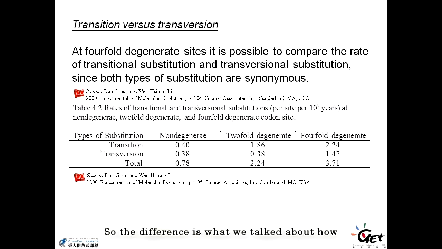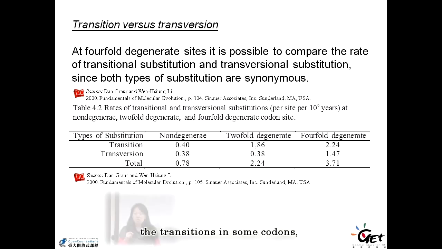This is what we talked about, how Li in 1993 developed a method using the transition transversion rate to calculate the synonymous substitution and non-synonymous substitution. Just by looking at a block in the codon table, you immediately find out the transitions in some codons.